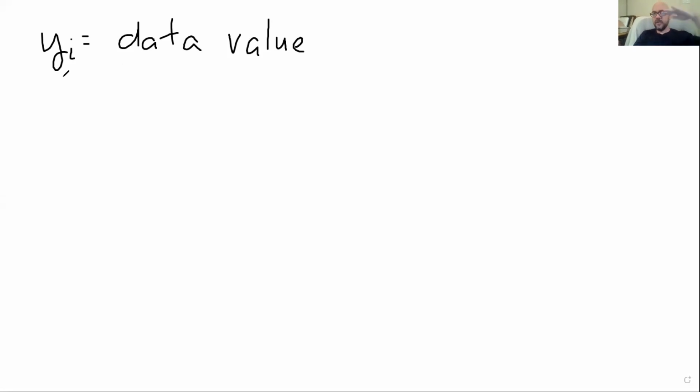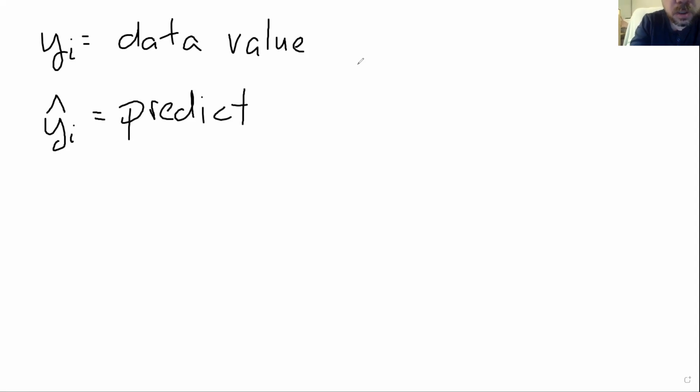For instance, in this set of data, we've got 29 different y values. So y1 is the first one, and y2 is the second one in the list, and y3 is the third one in the list, etc. And then y sub i hat equals the predicted y value. So what we have here is two different kinds of y's, right?